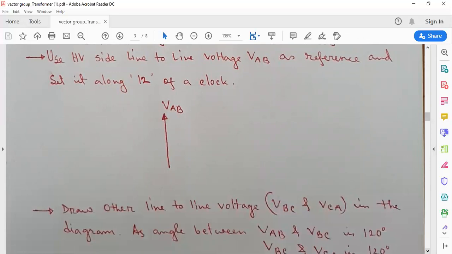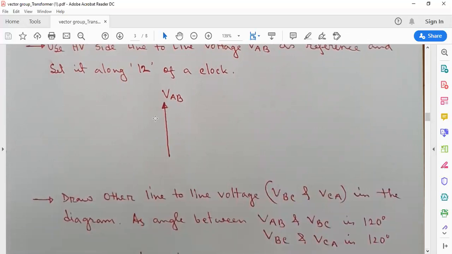Now the second step is we have to draw all the other line to line voltages of the high voltage side. If VAB is along the Y direction or 12, VBC will be 120 degrees apart from it. So VBC will be in this direction.